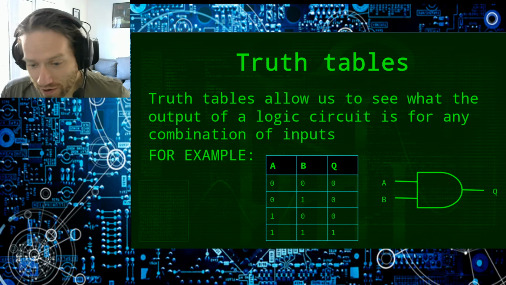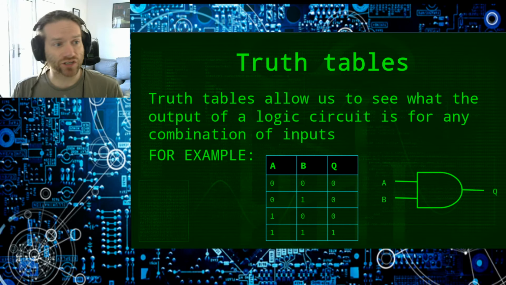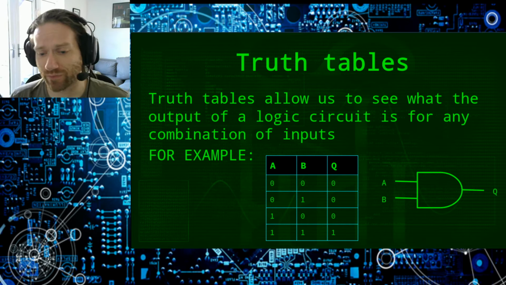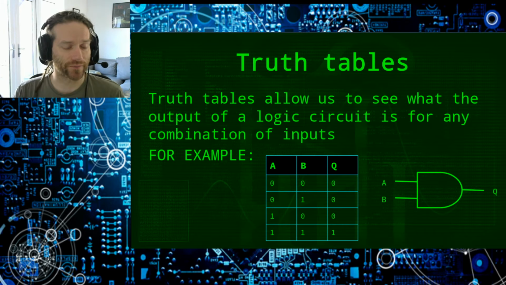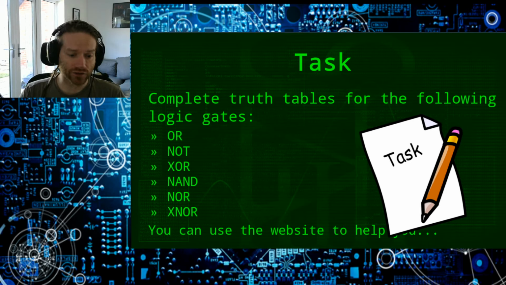Okay, cool. So, with that in mind, I'm not going to get you to do it now, because that would require me to sit here waiting for you to finish the task. But on the Google Classroom, there is a worksheet which has got all of the truth tables for all of these gates drawn out. I just want you to complete those truth tables. That shouldn't take too long.